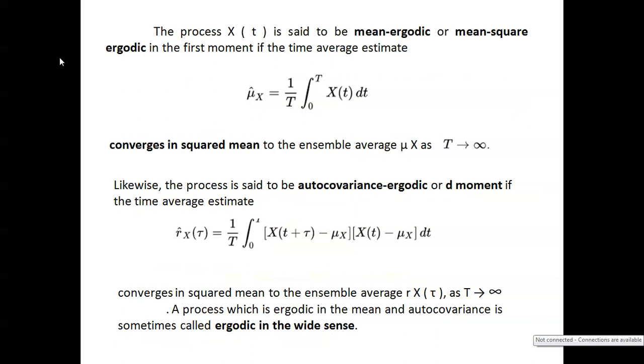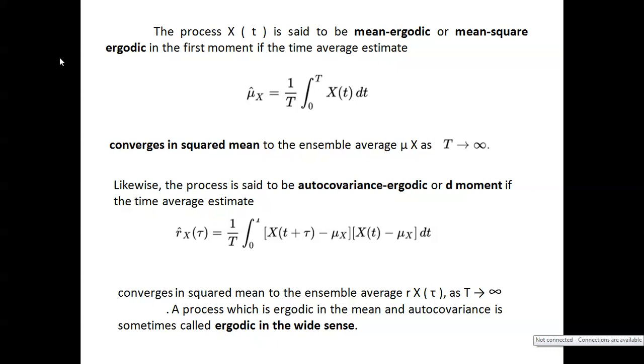The process x of t is said to be mean ergodic. For mean square ergodic, the first moment time average estimate of mu x is equal to 1 by T, the integral from 0 to T of x of t dt, as T tends to infinity.